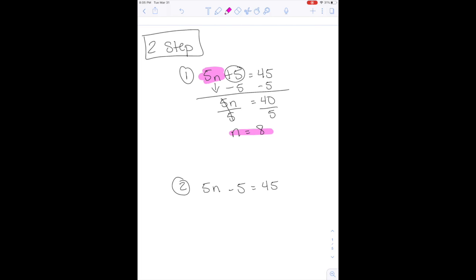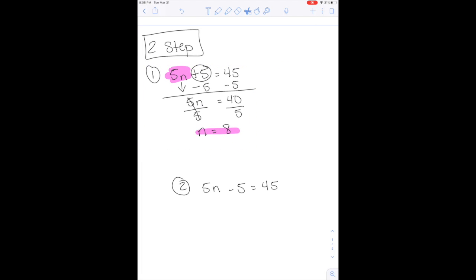If you want, you can check your solution by substituting 8 in for n. So over here, I'm going to check it.